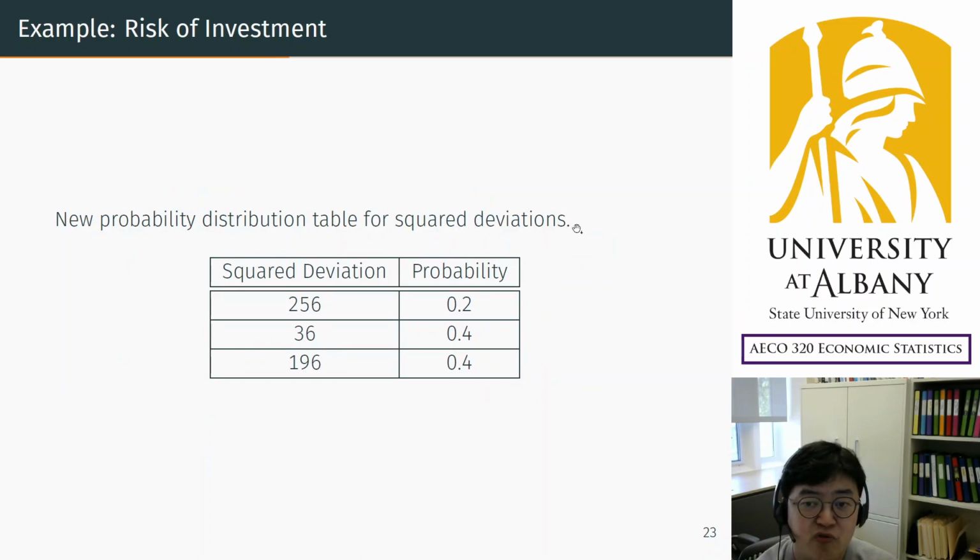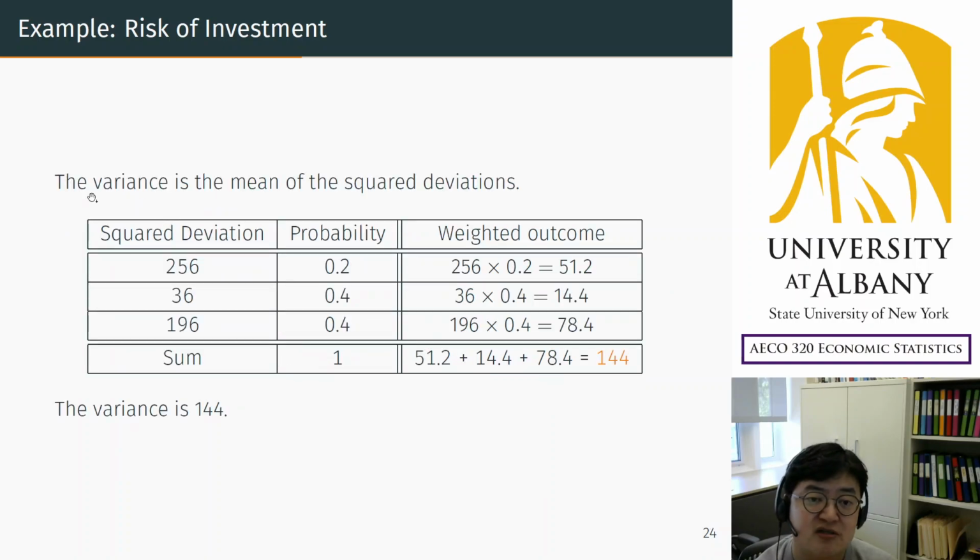And then what we are going to do is just make another probability table for the new random variable and calculate the mean. Its mean is the variance. We define the variance as the mean of the squared deviations, right? So if we write it down, it is obvious.